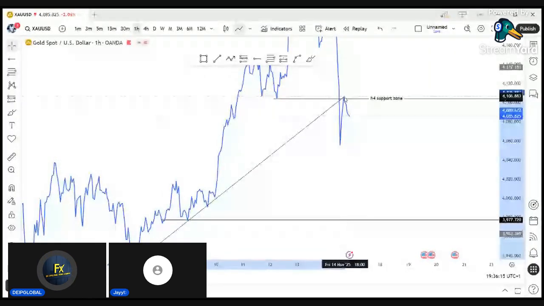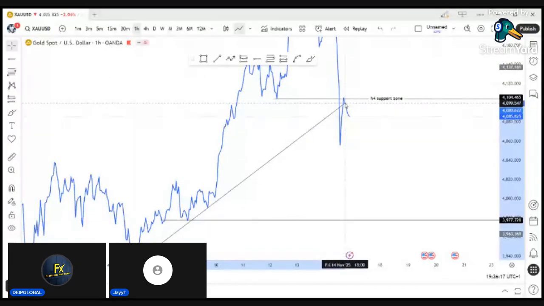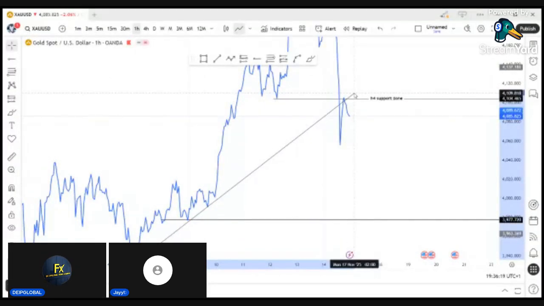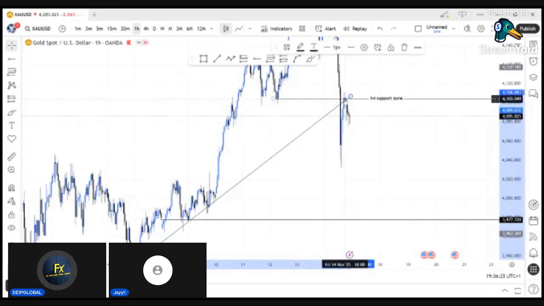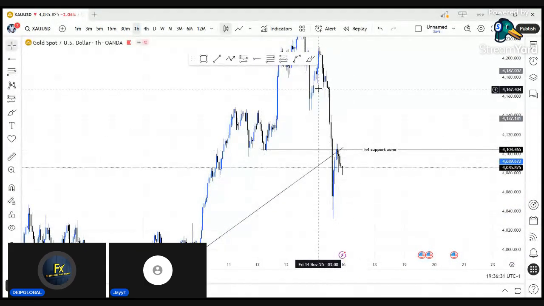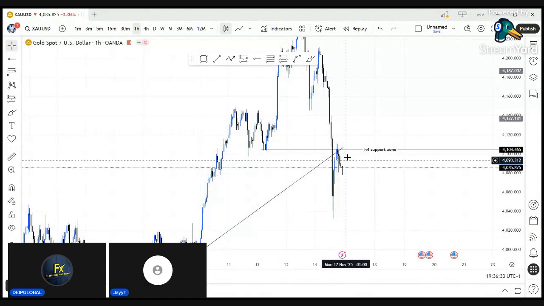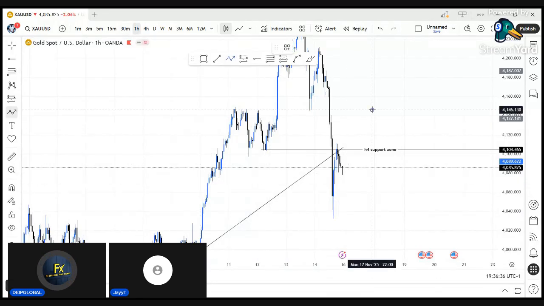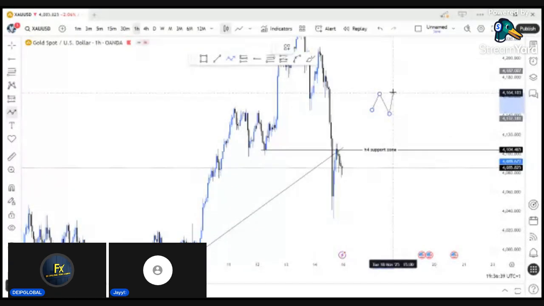So now it comes to the lower time frame. Let's draw this here. We see that the market is respecting through test points, but this is our H4 support. I've not actually seen what I'm looking for around here. This is just a support zone, but I'm looking for something before I strike my entry model. Either a double top, remember what I said, a double top, a pull down.